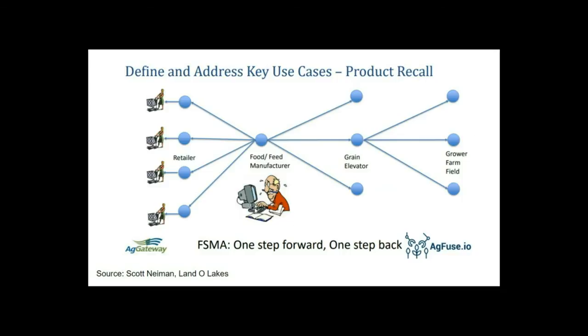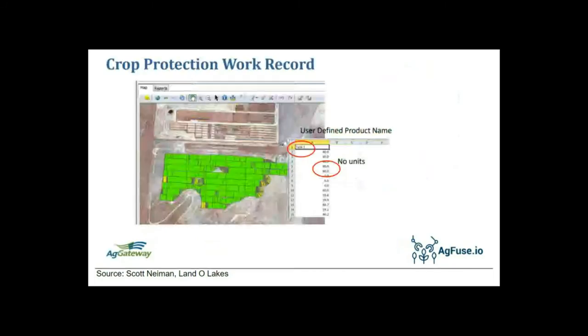So that's what Ag Gateway is about. So it's very much part of the IoT spectrum, because you are recognizing that there are devices out there, and you're trying to make sure that they can all speak the same language and talk to each other, so that it's not an impossible problem to solve.